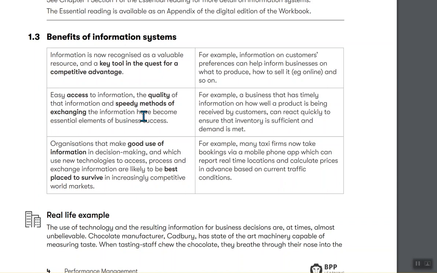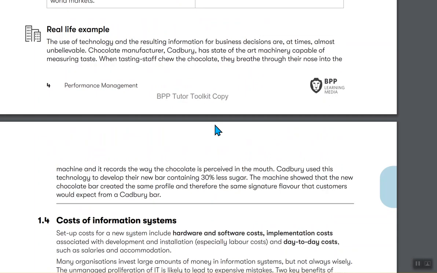And also it is essential to get information quickly and then work on it faster, and then also use that information in the best way to develop a better product than your competitors.